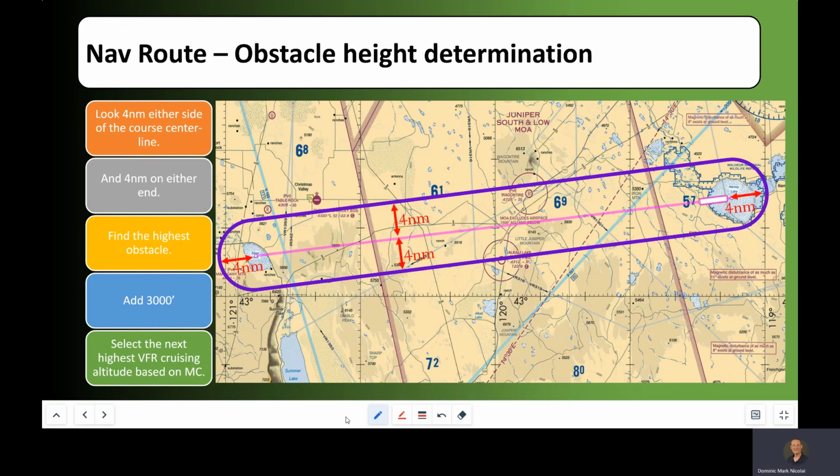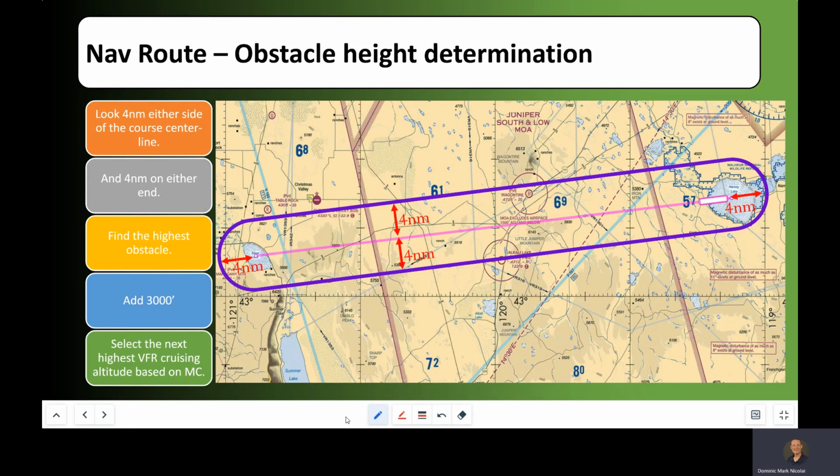We're trying to determine our cruising altitude, and we want to make sure that we are a suitable distance above obstacles in the area. So obviously, in this example, we wouldn't be able to pick like a 3,000-foot MSL altitude. You'd be in the ground tunneling your way over. Right? So we want to take a determination of the highest obstacle within a 4 nautical mile region. It's 4 nautical miles of the center line, as well as 4 nautical miles of the end and the beginning of your route.